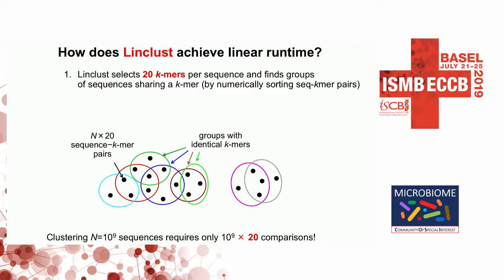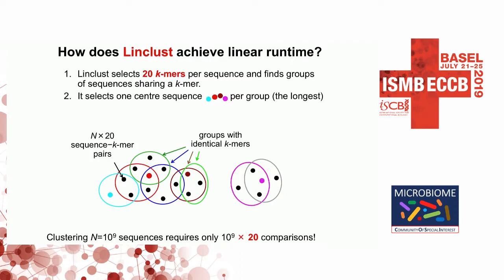And now we can pick one of these for each group, and I will show you in a minute how this is implemented in Plus. And we trivially take just the longest one of those, because then we know that we are not losing any information. We take the longest one, and then, and this is now important, we compare everybody in the green group, for example, with this longest sequence here. And everybody in the blue group also with the longest sequence, which happens in this case to be the same one here.